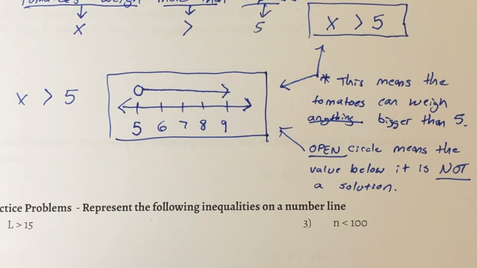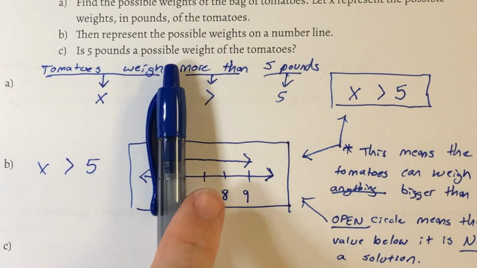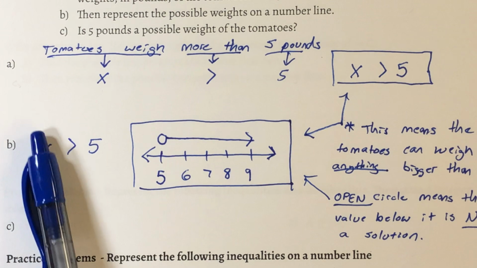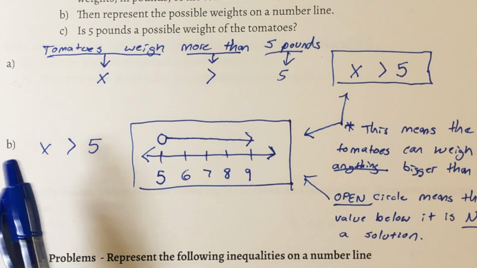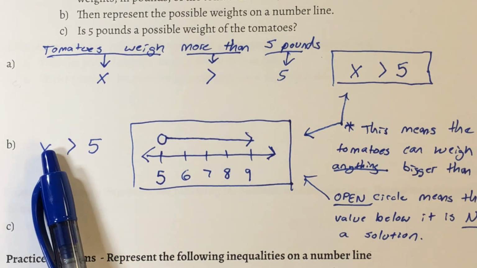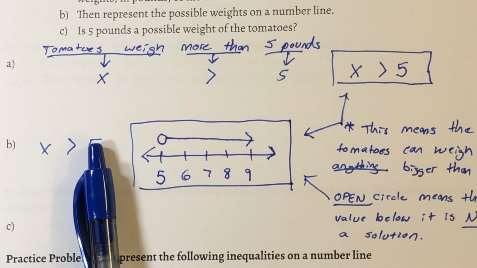All right, last part. Part C. Is 5 pounds a possible weight of the tomatoes? I kind of already discussed this. Since our inequality and our picture very clearly state and show that x, or the weights, have to be more than 5, that means 5 is not a possible weight.